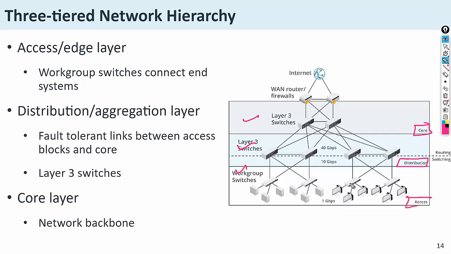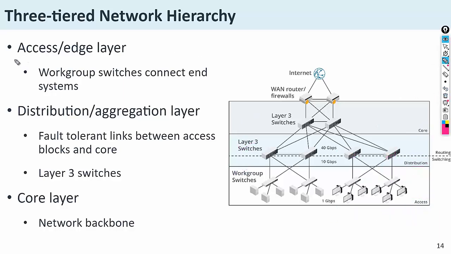If this computer wants to send data to that computer, this computer has a maximum speed of 2400, and it has 2 links of 2 Gbps each, so they can handle it easily. Data will be transferred through this link and reach the switch. That is the reason it is divided into multiple layers. 3 tier: the first tier is the core, the second is distribution, and the third is access.